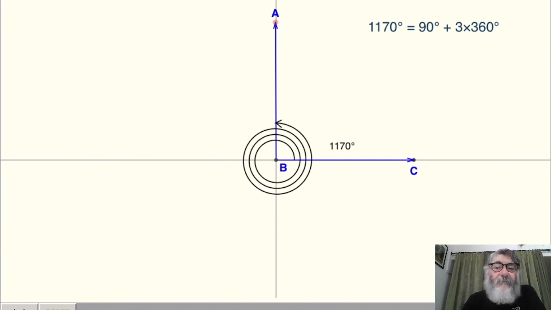Divided by 90, 0 will cancel. 9 ones are 9 and 9 threes are 27. So it will be 13 into 90. If you divide 13 by 4, you will get remainder 1. So it is going to fall along OY.